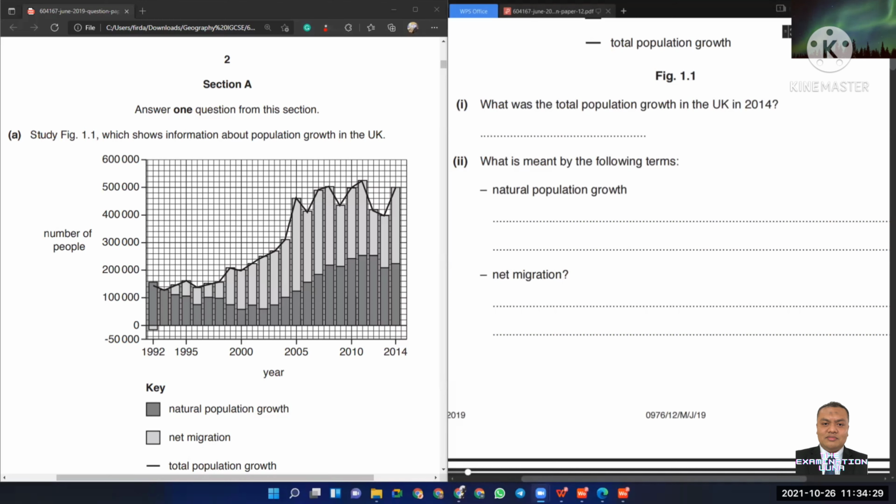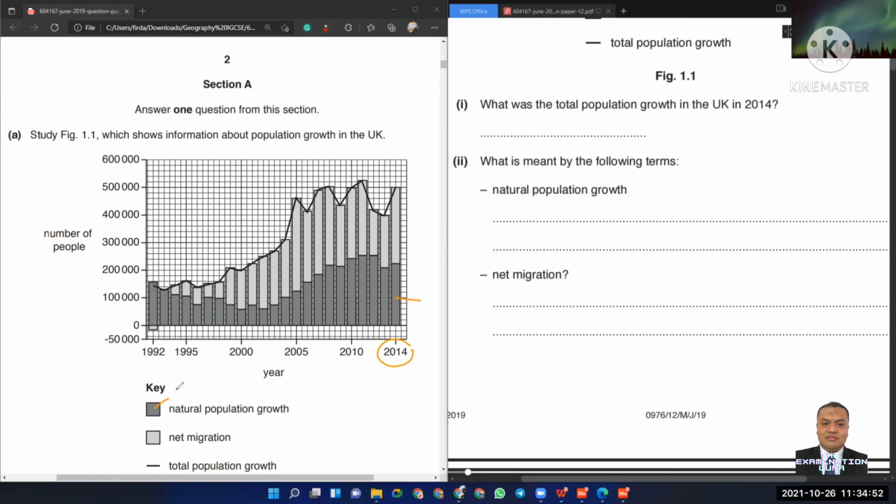Well, it's actually a pretty easy question because everything you can get from the chart itself. Okay, jadi kalau kamu tengok dekat sini untuk 2014 saja, you can ignore all of those things. Only look at 2014. You tengok dekat sini untuk yang grey color, the darker grey color ni adalah natural population growth. Okay, natural population growth, and then the net migration.